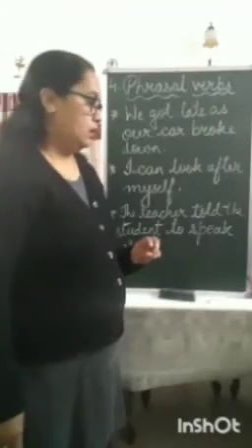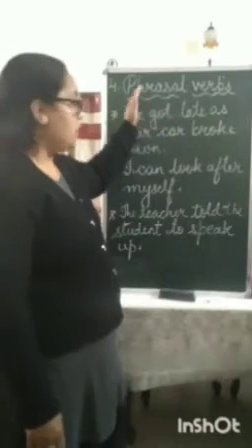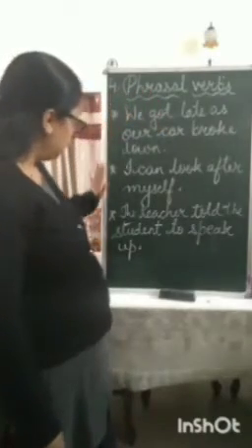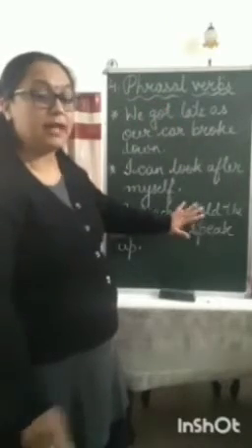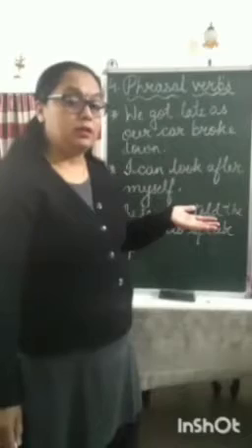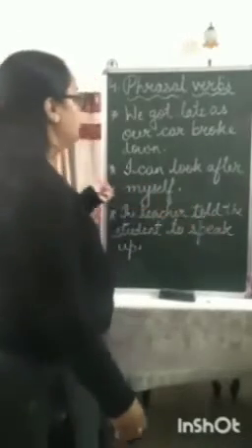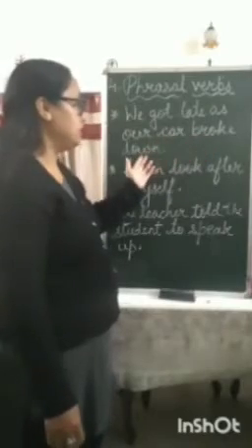Okay, the fourth kind of verb are phrasal verbs. Now I have written 3 sentences on the blackboard. After reading these 3 sentences, I'll be underlining few words and then I'll tell you what it means. Okay, first one is we got late as our car broke down.